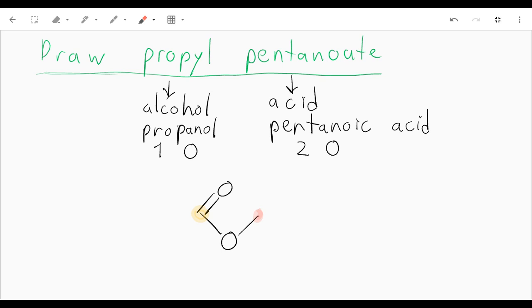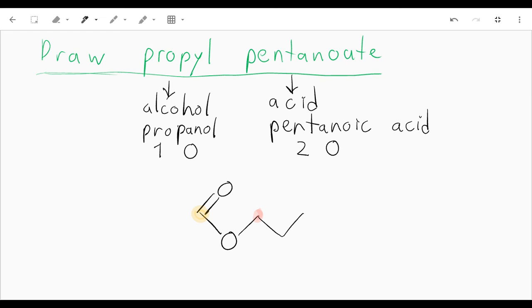So my one oxygen alcohol derivative is propyl. Propyl, of course, means that we have three carbons in total. So I have 1, 2, 3 on this side. Then pentanoate, that's my two oxygen side. That means it has 5 carbons in it.